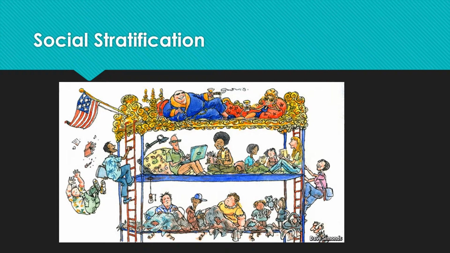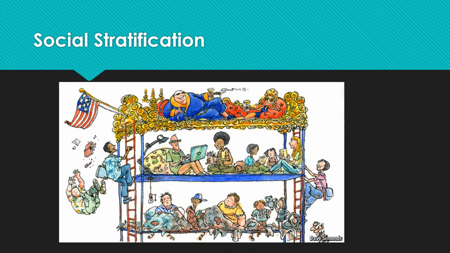Social stratification is talked about a lot within the United States, which is why I provided this picture for you. You can see the differences within what may be social classes, the type of clothing that they wear, the entertainment and technology that they have. I just thought this was a great picture to depict what we know social stratification to be.